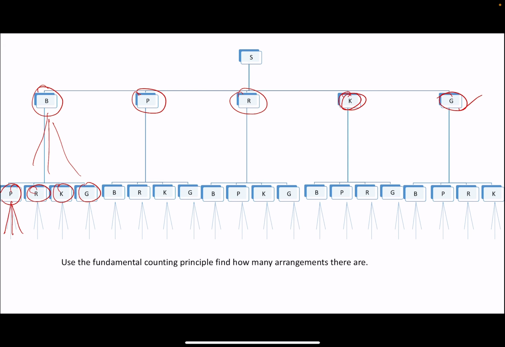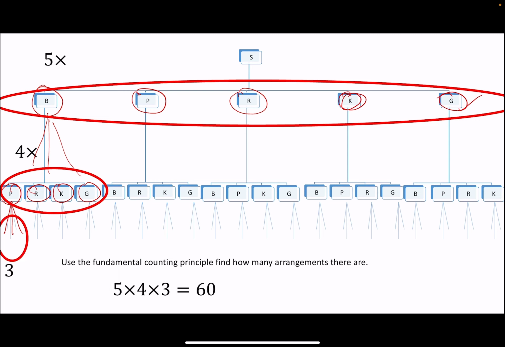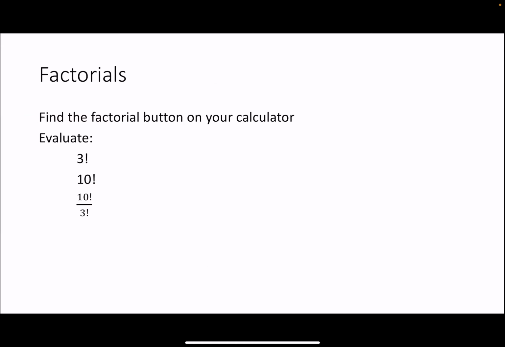Well, due to the fundamental counting principle, we knew we had 5 in that situation. And here we had 4. And then to get to the end of the path, we have 3 possibilities. So there's 60 possible outcomes, which is 5 times 4 times 3. So it's multiplied in descending order. And we talked about this earlier.